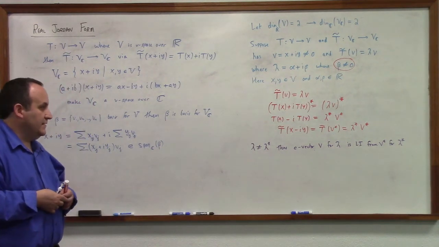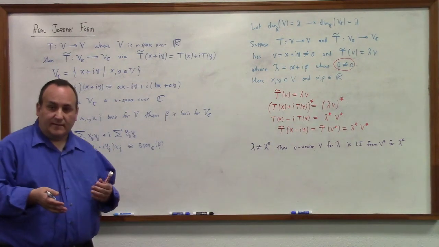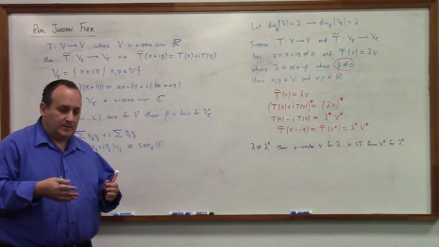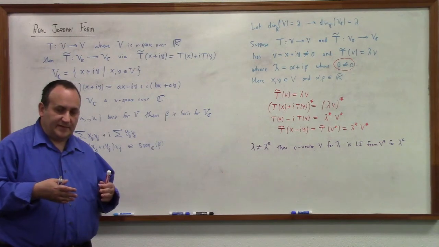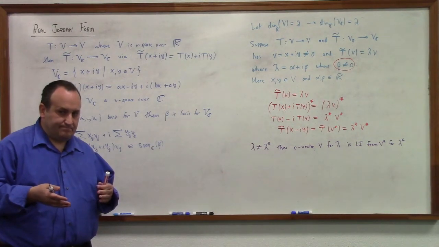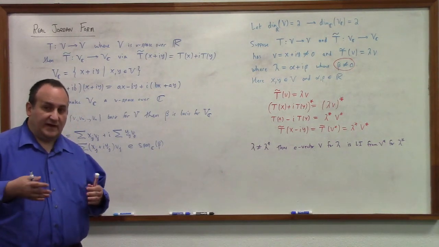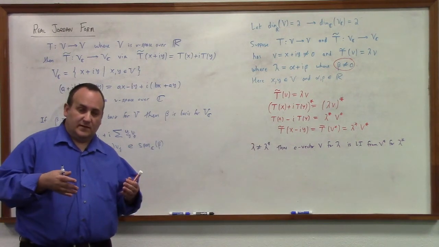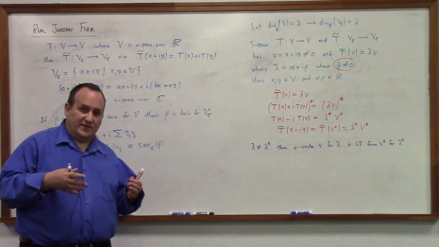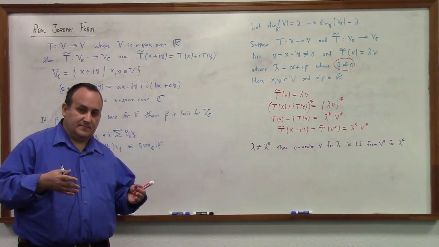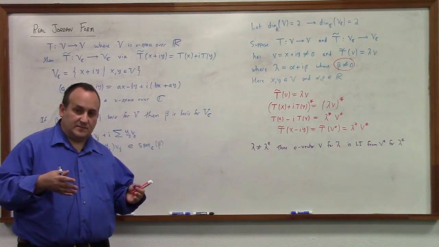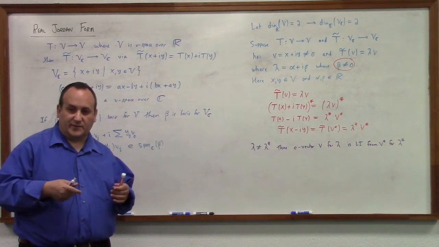And that means we can't have the vector v just be real, or just be imaginary, because in either of those cases, v and v star would be linearly dependent in the complex sense. One would just be a scalar multiple of the other.